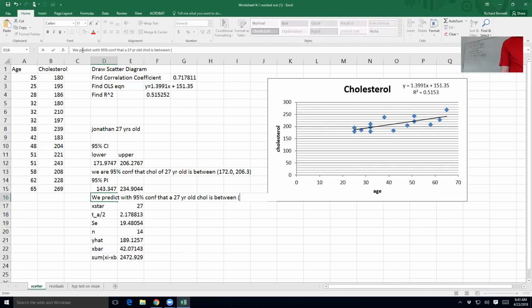Now, I actually made a mistake on the first confidence level.